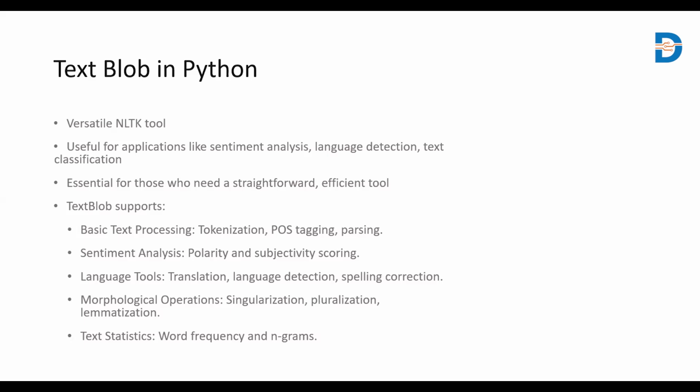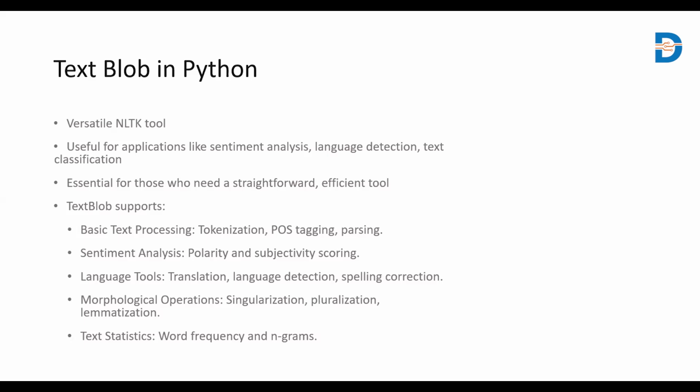In summary, TextBlob is essential for those who need a very straightforward, efficient tool for common text processing tasks without having extensive NLP expertise. You don't have to do everything from scratch. Most of the functions are available by default in the TextBlob library.